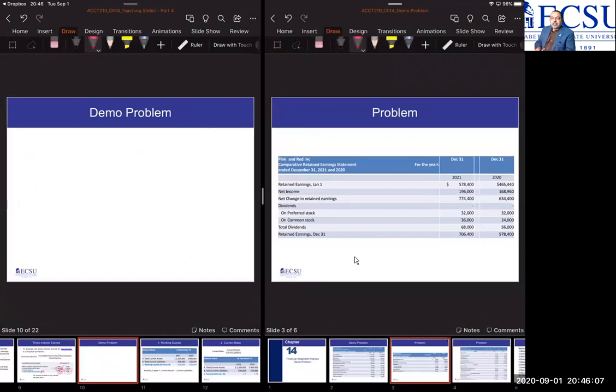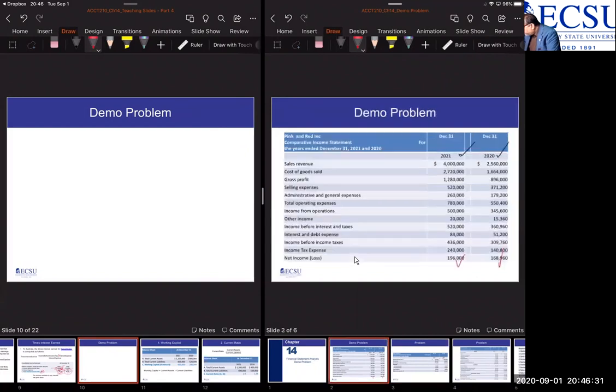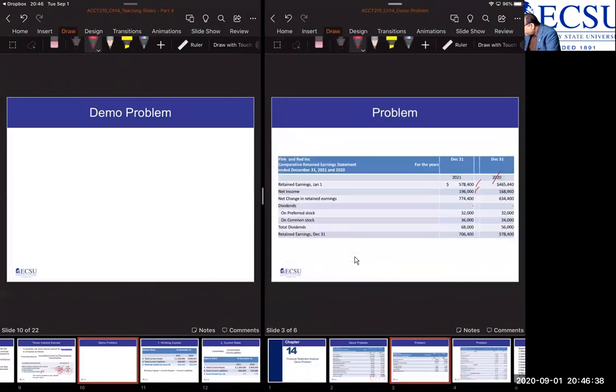Retained earnings, you started with 578,400. Sorry about that. 465,414 in 2020. And then we transfer that net income from here. This is 196,168,960. So that's what we brought down.